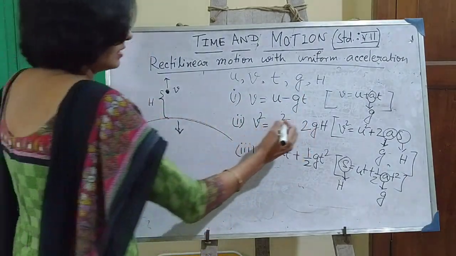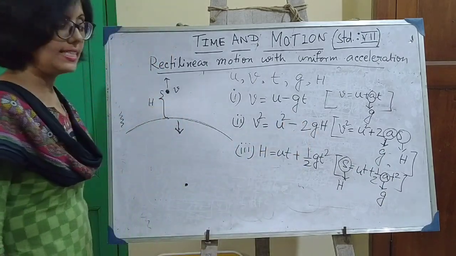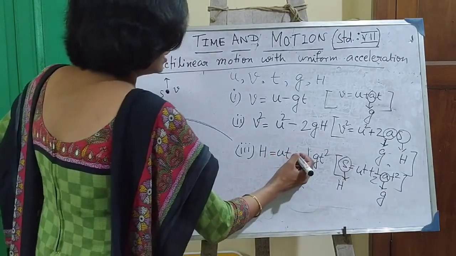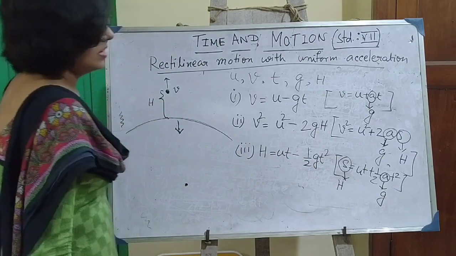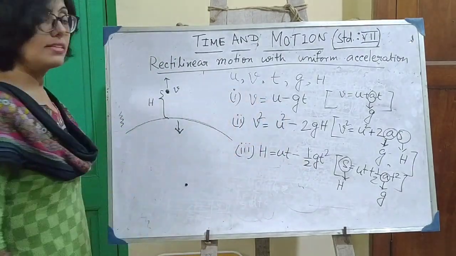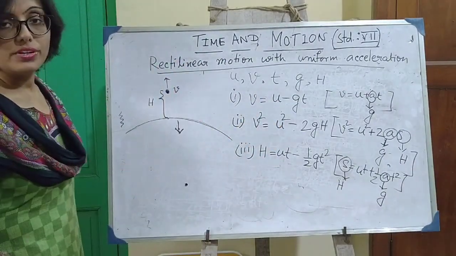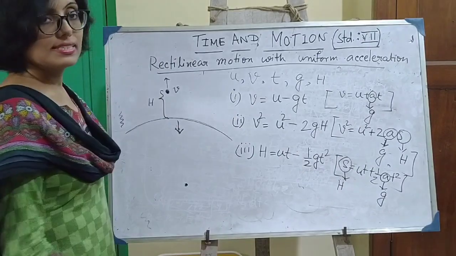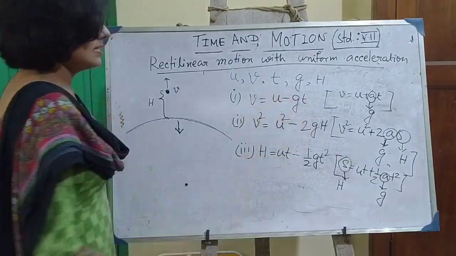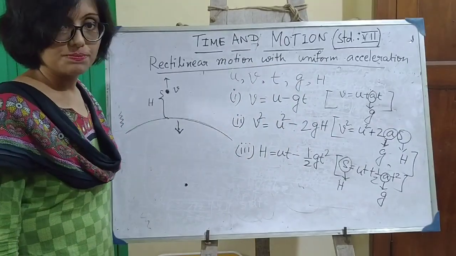For the second equation, we are using v square is equal to u square minus 2gh, and in the third equation, we are using h equals to ut minus half gt square. So the negative sign is applicable when the body is moving in vertically upward direction with the uniform acceleration g, and the value of g is same as the value of acceleration due to gravity on Earth's surface.